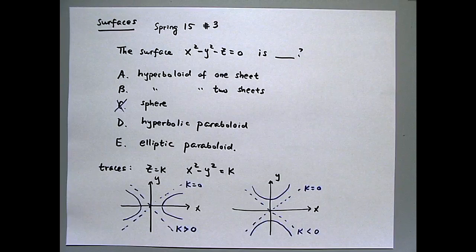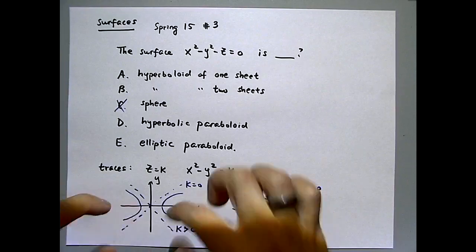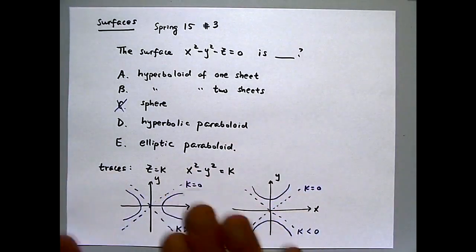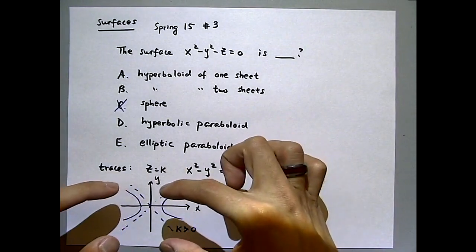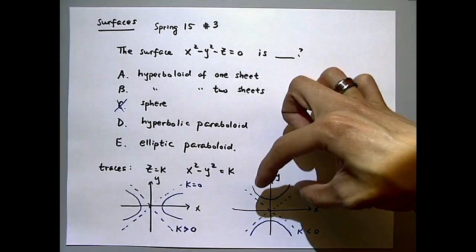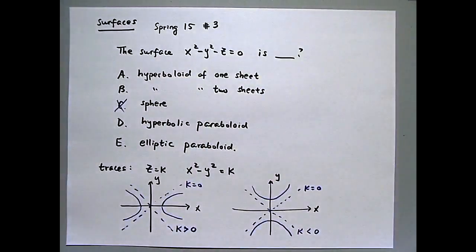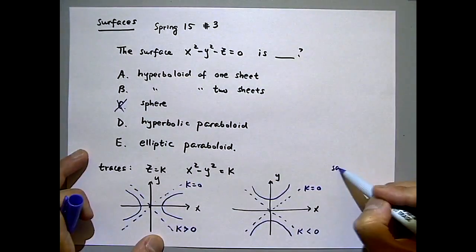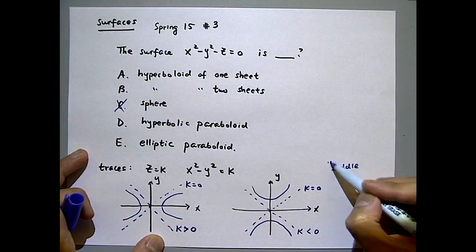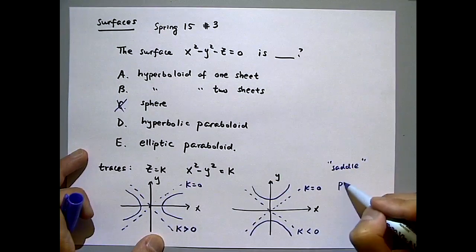And we covered this shape in class when we first talked about the surfaces. This is that saddle shape, right? The Pringles chip shape. So you got hyperbolas above the plane, this kind of hyperbola, and below the plane, this kind of hyperbola. So you have a saddle kind of shape, or Pringles.